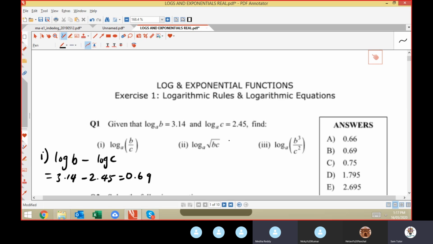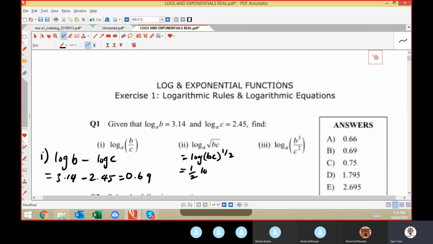Log of square root BC. We don't like the square root there. So my first thing I'm thinking of, same as calculus, try to link your maths. Don't separate your maths. I'll bring that all to the power of a half. In log laws, if you've got a power, you're allowed to bring your powers down. Whereas in calculus, you brought it down and you subtracted 1.